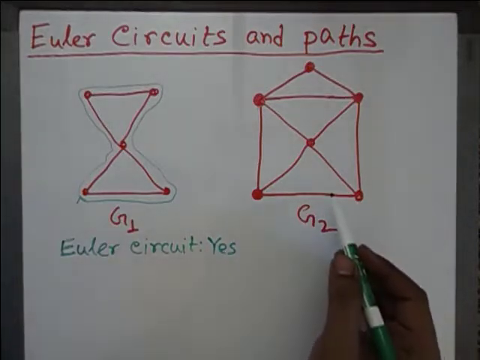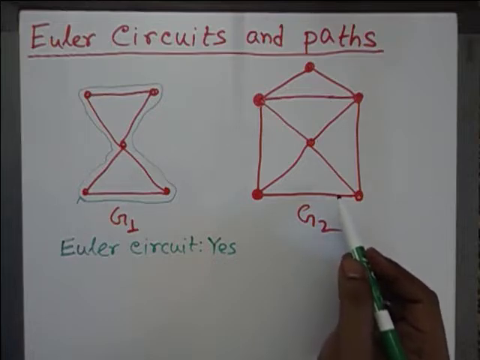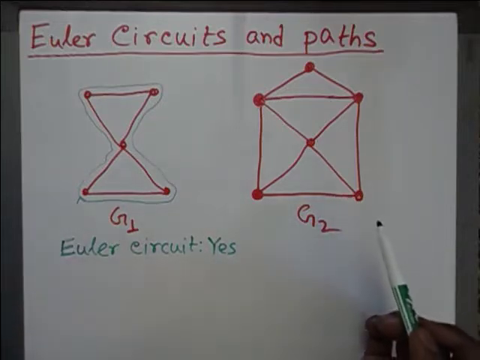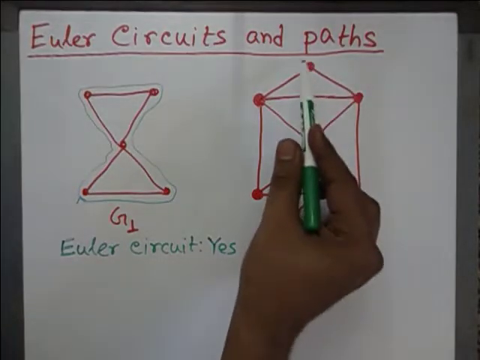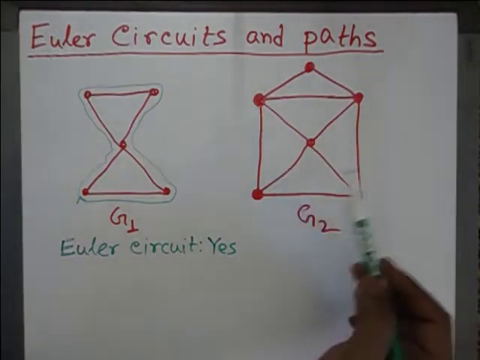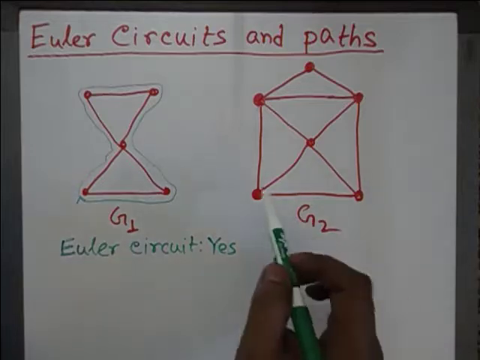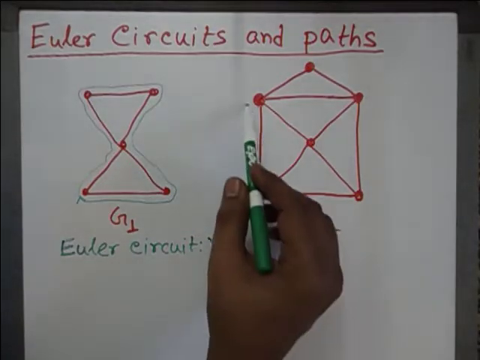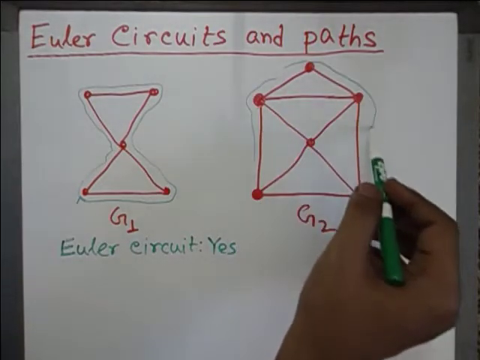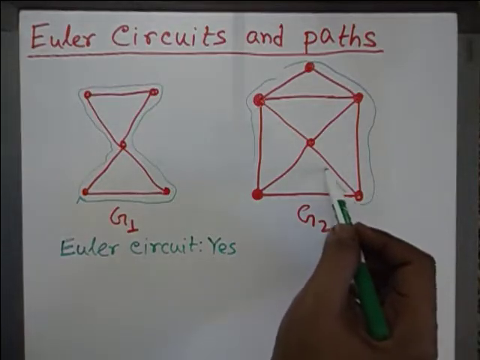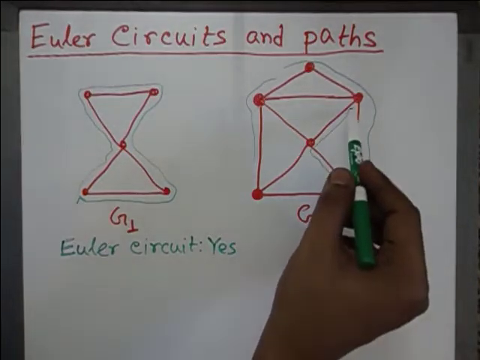And let's look at this graph now, G2. It has 6 vertices, 1, 2, 3, 4, 5, 6, and this many edges, and we are asking, does this graph have an Euler circuit or not? If you start from here, go this way, this one, then this one, you're stuck.